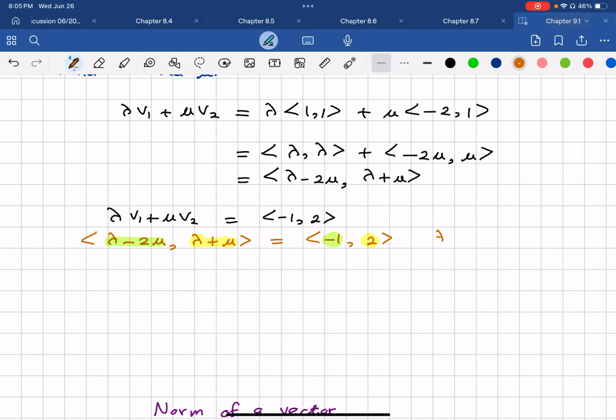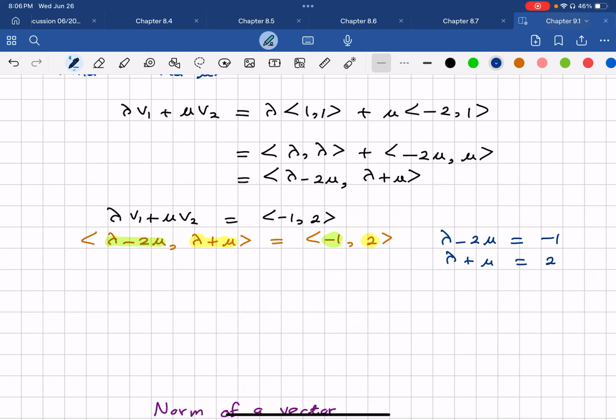My first equation is lambda minus 2 times mu is going to be equal to -1, and lambda plus mu is going to be equal to 2.